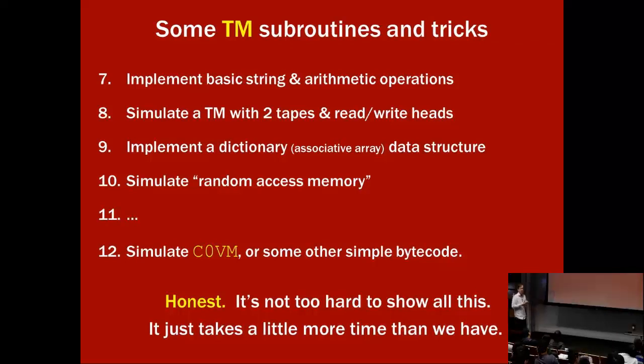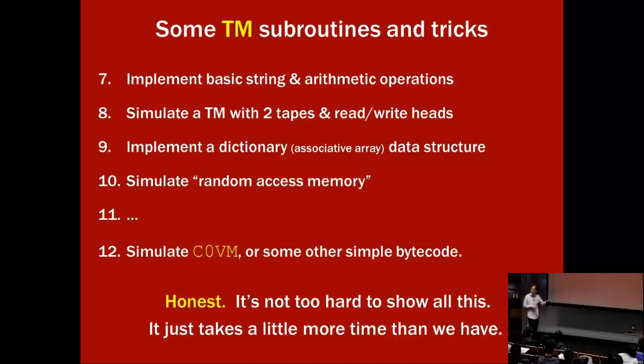This is a powerful one. You can actually simulate a Turing machine with 2 tapes by maybe interleaving the tapes. You can implement a dictionary data structure by appropriately copying strings around. With this, you can sort of simulate random access memory.